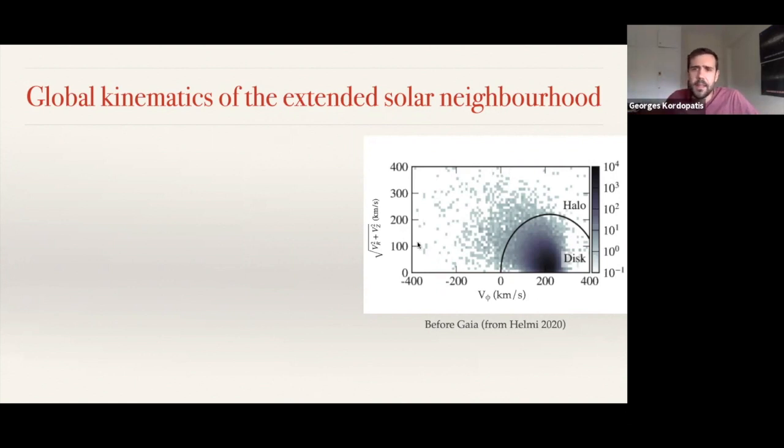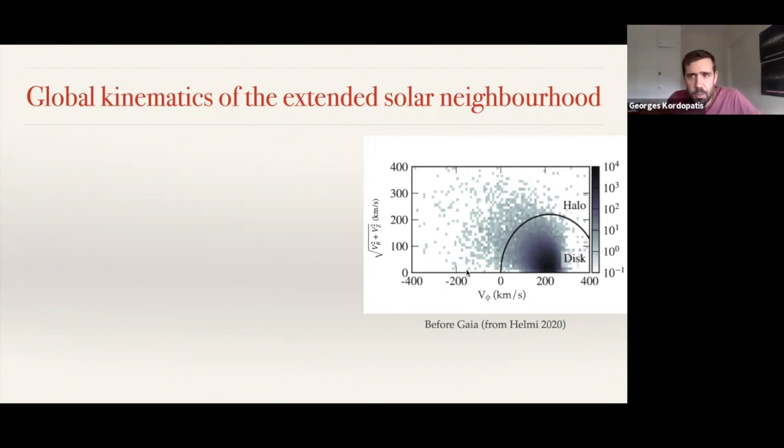And so this is a plot that I have taken from a review of Amina Helmi earlier this year, where you can see the so-called Toomre diagram, where you plot the azimuthal velocity of the stars, which is the orbital velocity around the center of the Milky Way. And here on the y-axis, you have basically the vertical energy of the stars, which is the quadratic sum of the galactocentric radial velocity of the stars and the vertical velocity of the stars relative to the galactic plane.